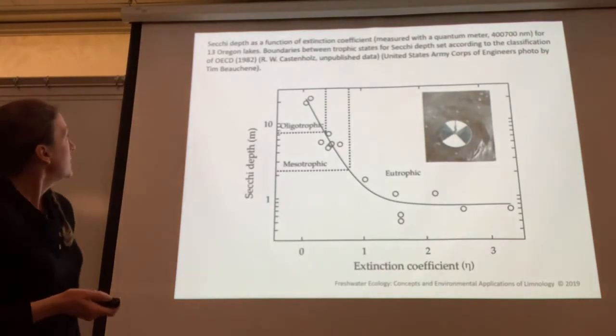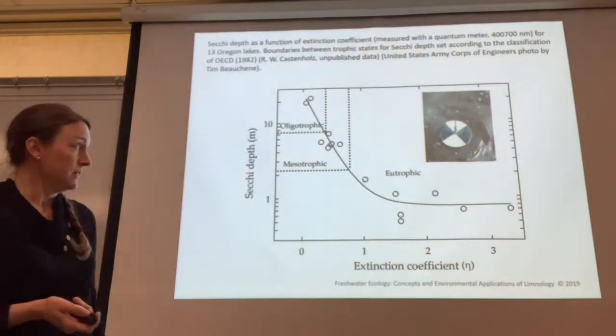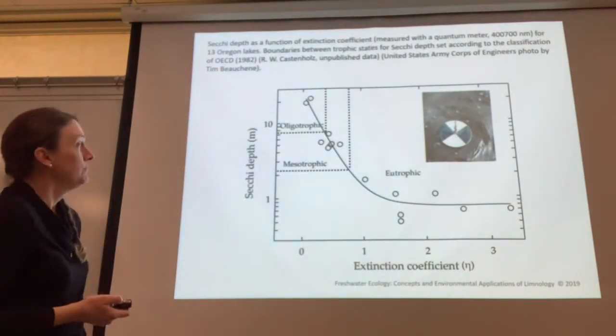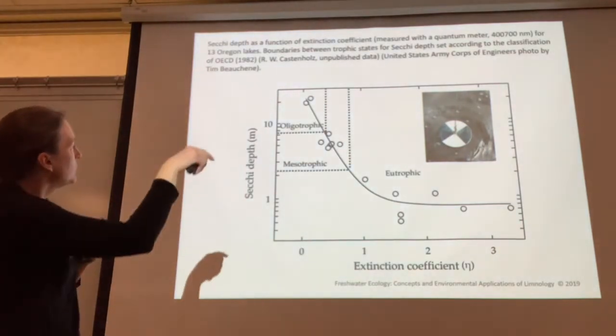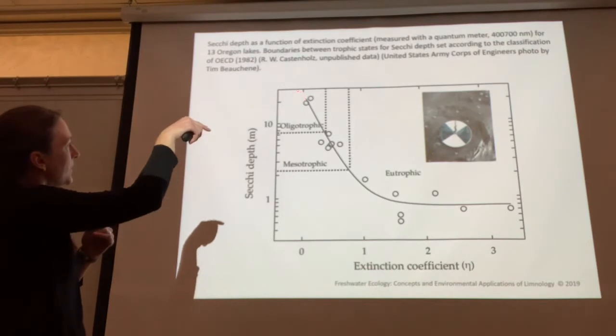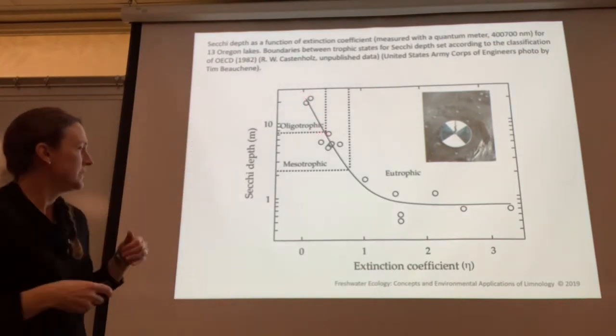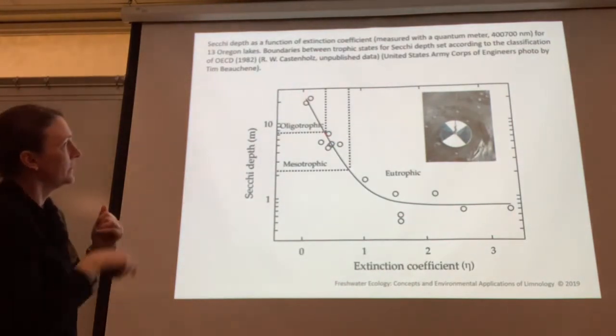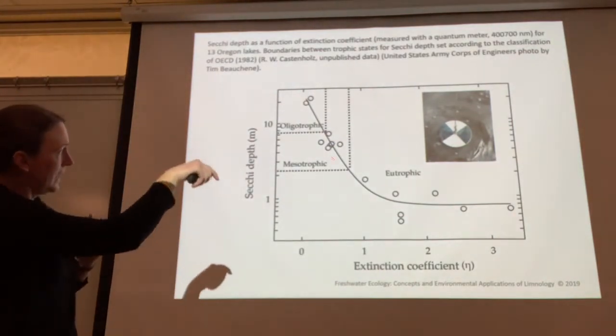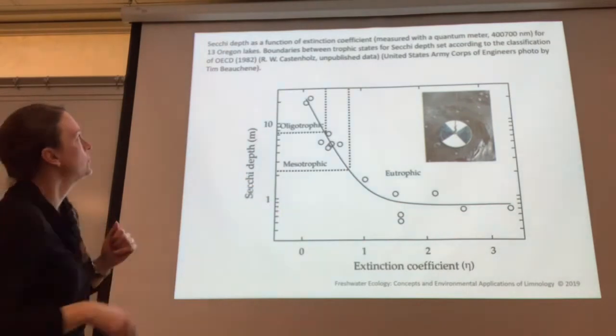All right, so we can use what's called a Secchi disk to measure light penetration in a lake. And what you'll see is that the extinction coefficient, basically how much light is lost, how rapidly, is very steep for an oligotrophic lake, and then it's very shallow for a eutrophic lake.